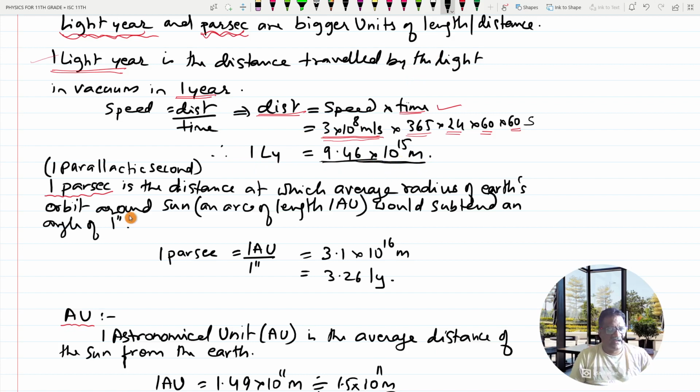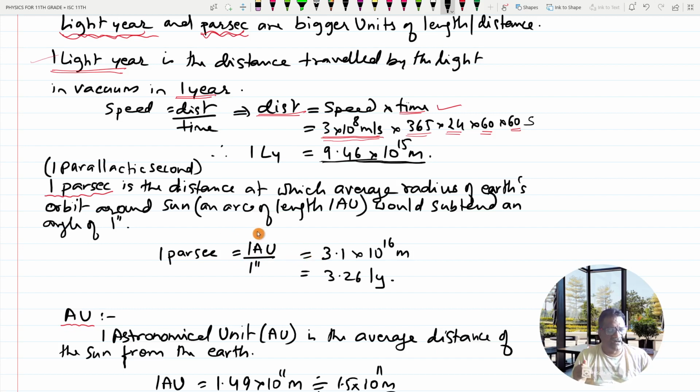Fine. Now we are going to study another unit which is used for measuring bigger distances, and that is known as parsec. Here I am just touching the topic of parsec, the definition part of it. Later on I'll explain in more detail how you have to understand the meaning of parsec.